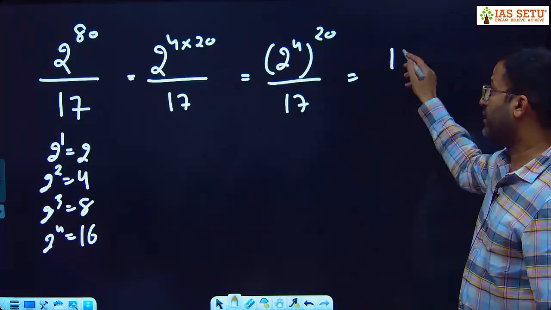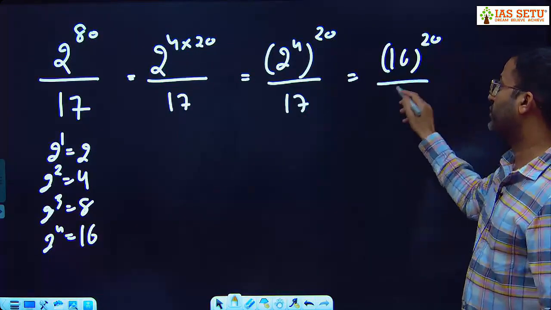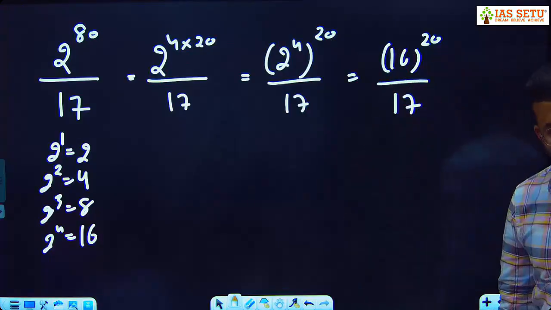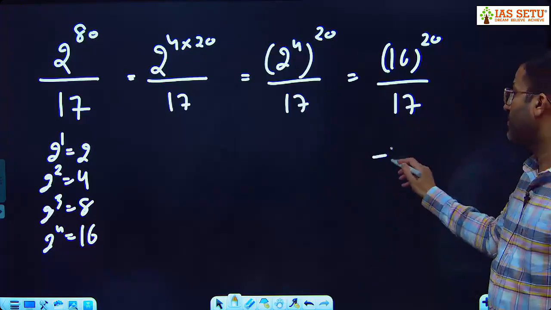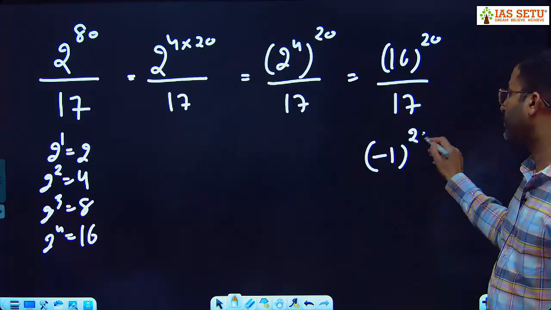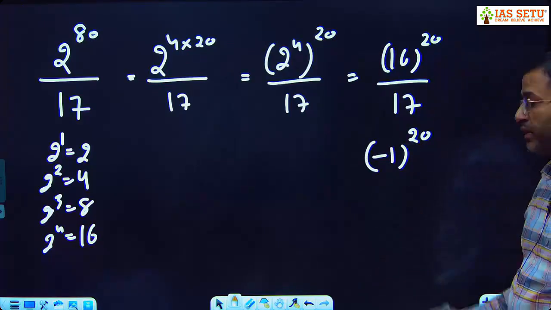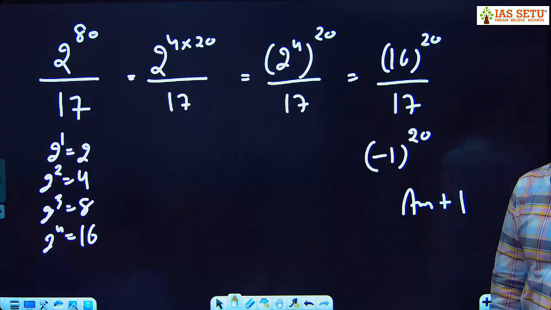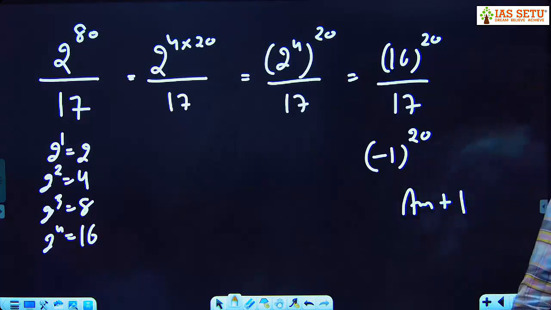Then we write it as 16 to the power 20 divided by 17. Every 16 with respect to 17 gives remainder 16 or minus 1. Minus 1 how many times? 20 times. What is minus 1 to the power 20? Plus 1. So your answer here is plus 1. Okay?